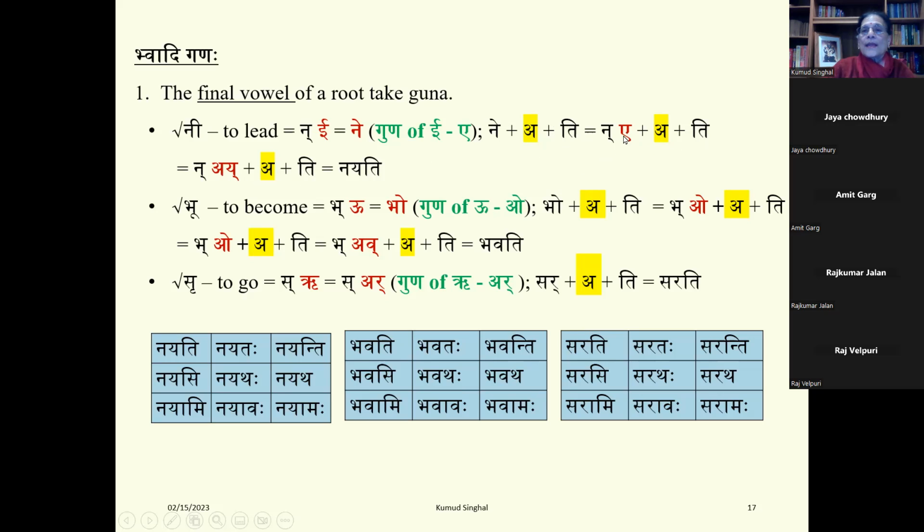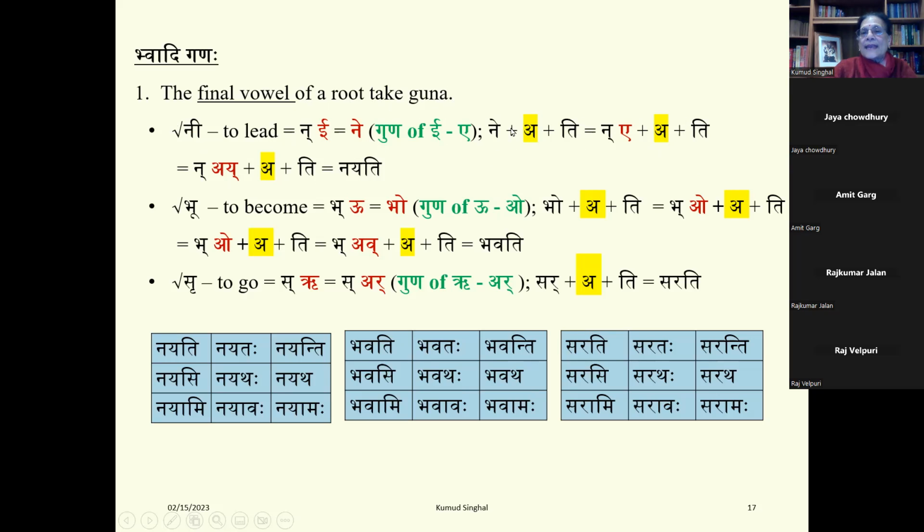So e plus a becomes aya. Sorry, e is replaced by ay, not e plus a. Both are not replaced, just e is replaced by ay, then a and ti. So nayati. Let me go through this one more time. The final vowel of a root takes guna. So ni is na and i. The i takes the guna and it becomes ne.